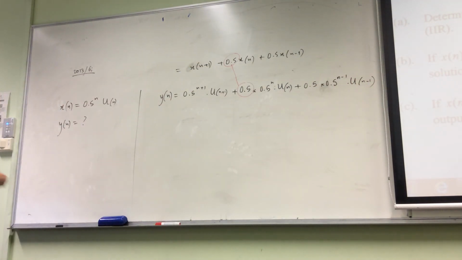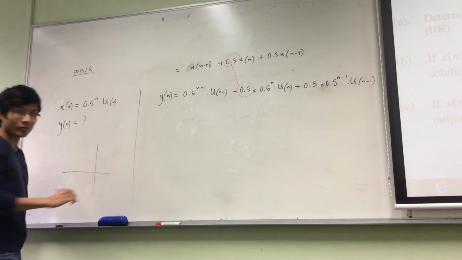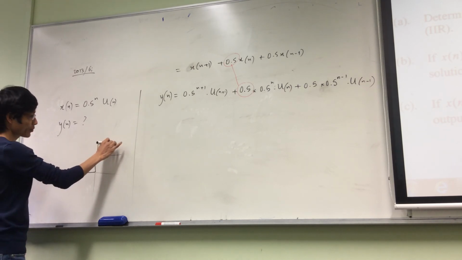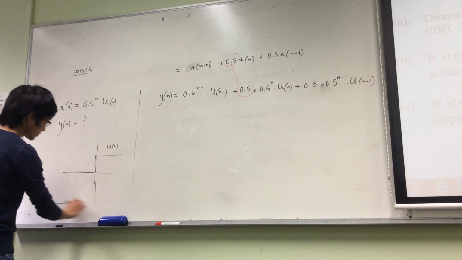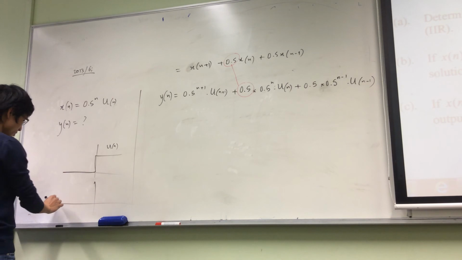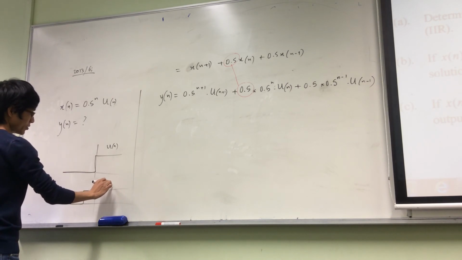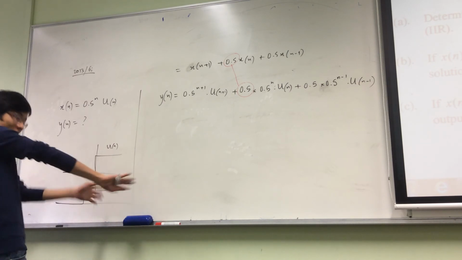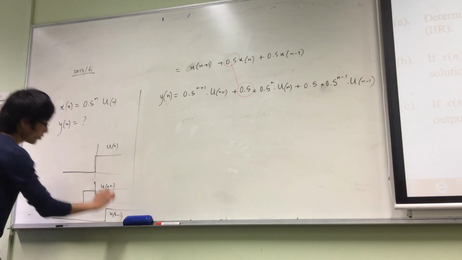Okay. Now, what happened with u[n]? This is u[n], right? What does u[n plus 1] look like? u[n plus 1] is shifted to one side, and u[n minus 1] will be shifted to the other side.